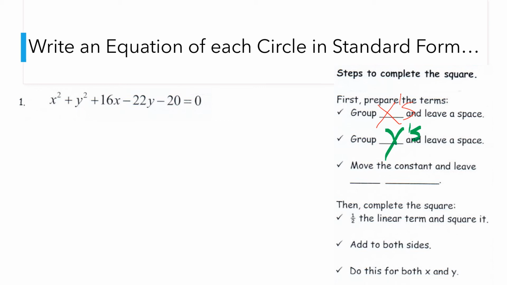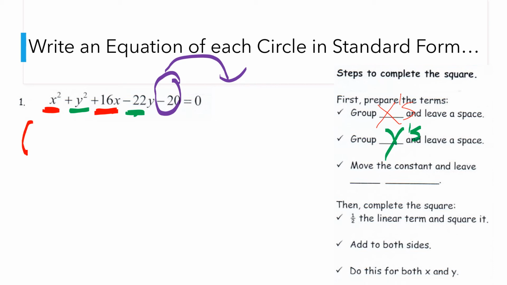So by that, basically that means we want to start off from each problem. We want the x's to be joined together. And we want the y's to be joined together. And then we can move the constant. So this constant we want to move over to the other side of the equation completely. So what that should look like is, let's start with getting the x's together.